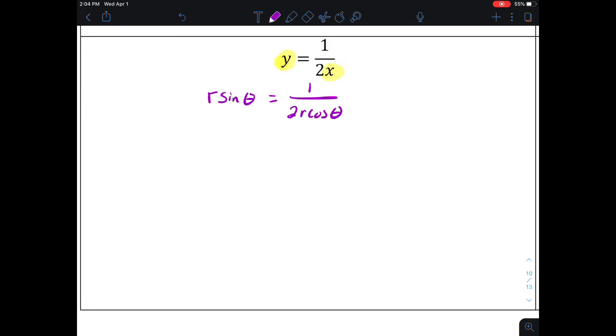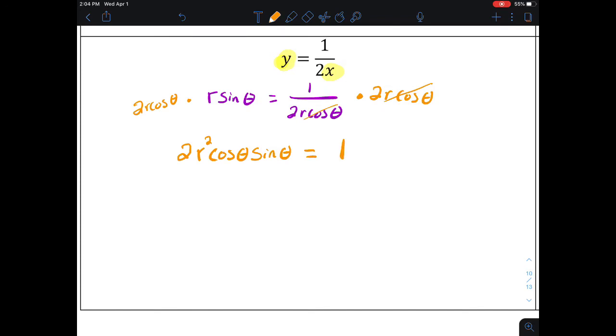Well, I would get the trig function out of the denominator. So I'm going to multiply by 2r cosine of theta on both sides. So that's going to take it off of there. And so what we have now is 2r squared cosine of theta times sine of theta is equal to 1.